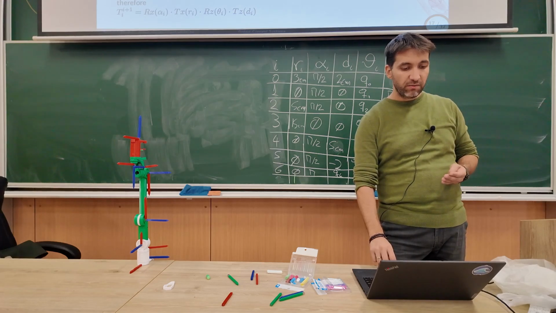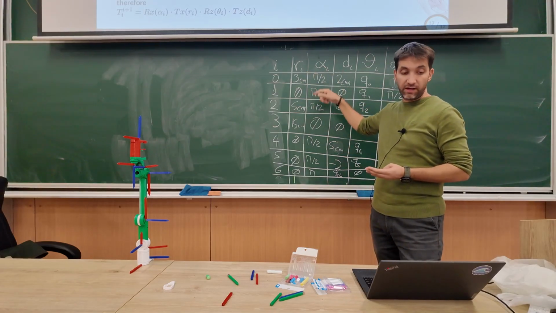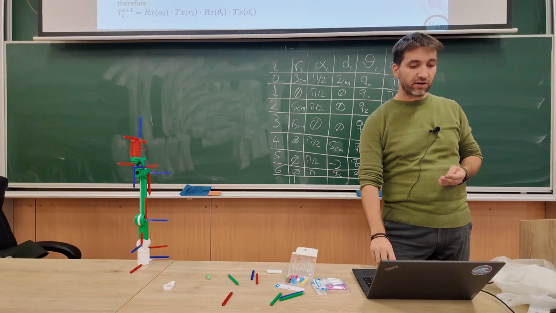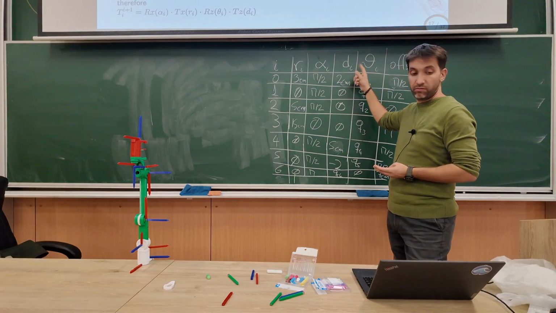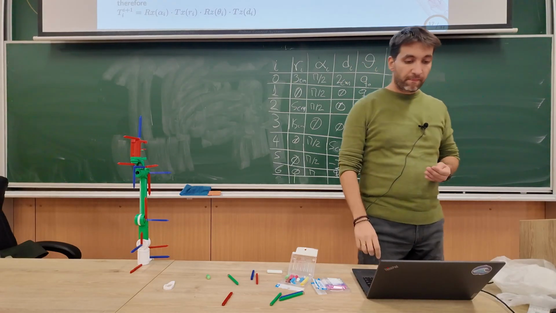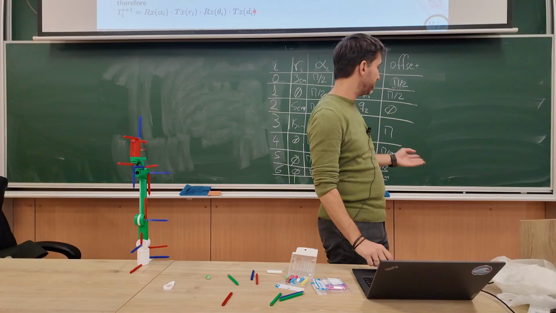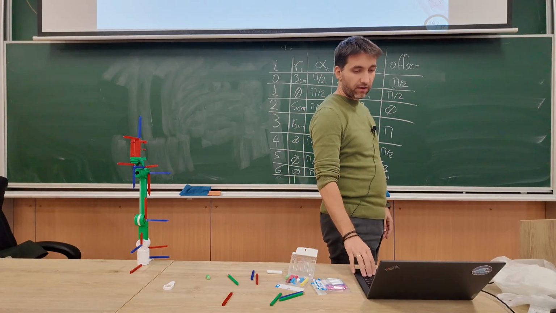The rotation will be by alpha and the translation by r around x, and the rotation and translation around z will be by theta and d, these 2. Here, if I want to be a bit more correct, I should add the offsets as well: theta plus offset, d plus offset for revolute and prismatic joints. All right.